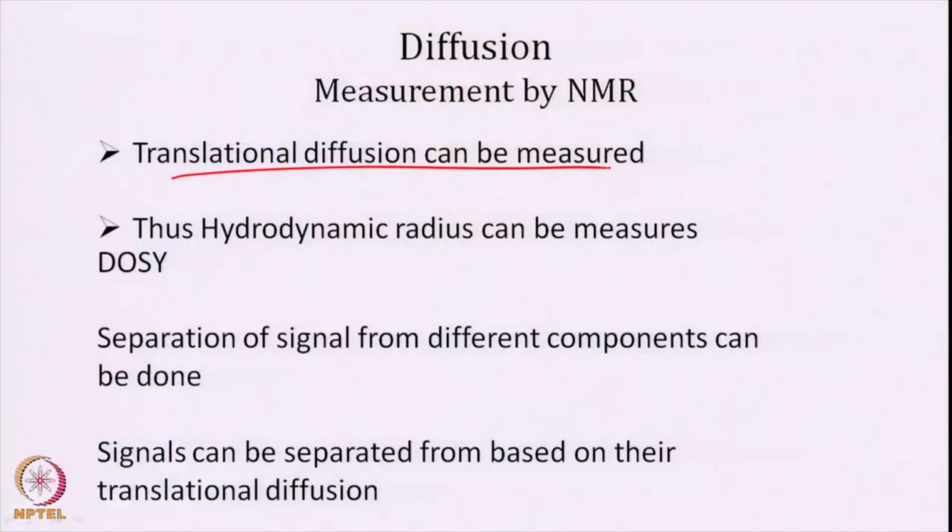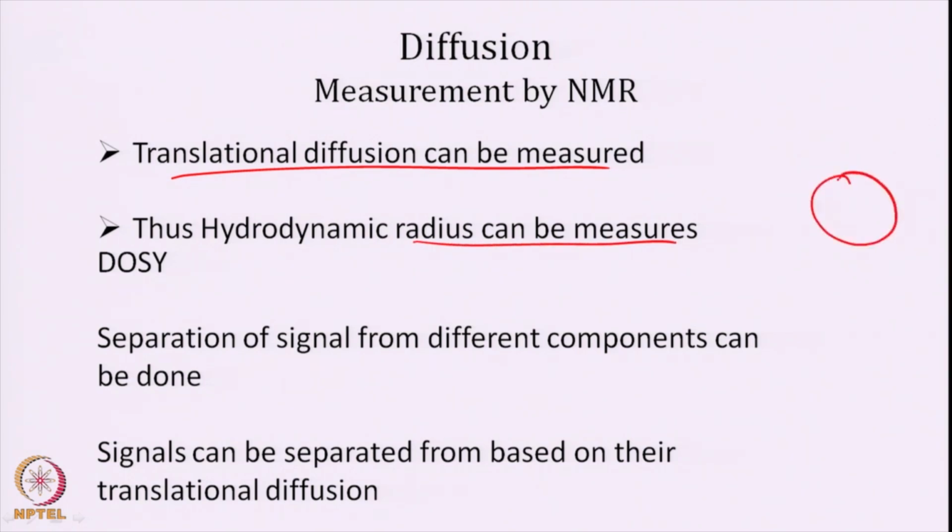Those are different techniques. Many of them are light based or mass based, like ultracentrifugation, which is a centrifugal force based technique. Here we are just going to exploit the concepts of NMR, and then we can measure how the translational diffusion happens. What we can measure is essentially translational diffusion, and if we measure this we can measure the hydrodynamic radii of a molecule.